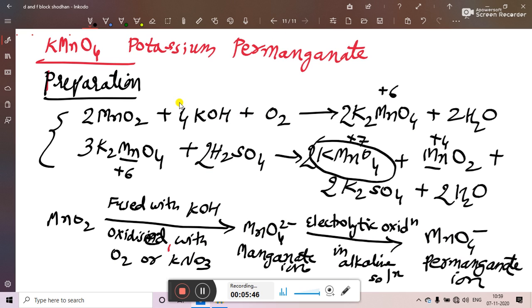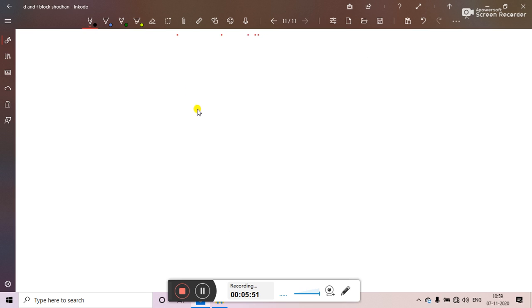Now in laboratory, can we prepare potassium permanganate? For that, we have to use a salt containing Mn2 plus ion, and that salt is treated with persulfate ion.